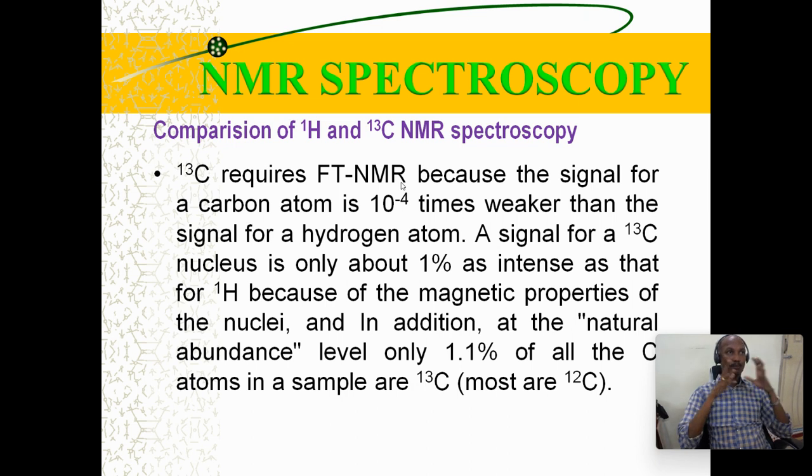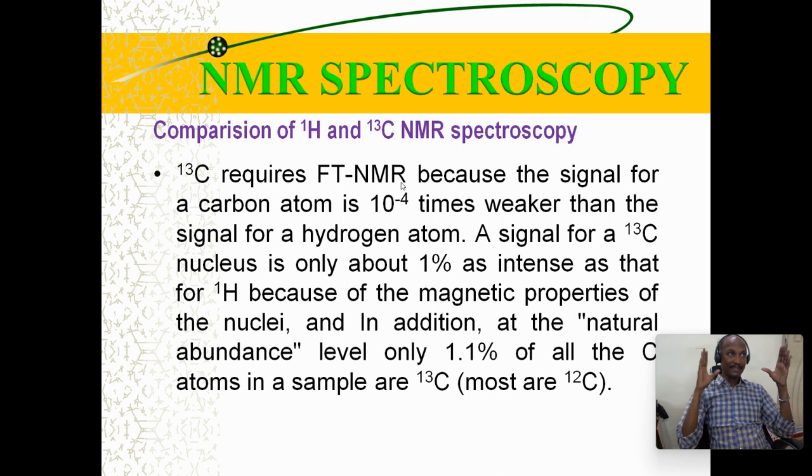One more important point in this case is that chemical shift is one of the important parameters in proton as well as C13 NMR spectroscopy. Next, another important point: in proton and C13 NMR, which one has more advantages?